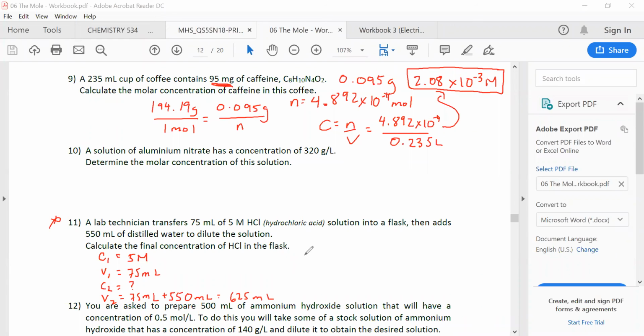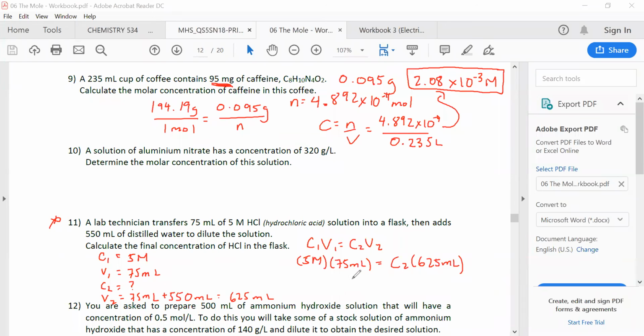So in the end, you got to make sure you use those numbers, and you really don't need to convert it to liters if you don't want to, simply because your units match. So once you have this scenario, you have C1V1 equals C2V2. Your C1 is 5 molar. Your V1 is 75 milliliters. Your C2 is your unknown. And here you have 625 milliliters.